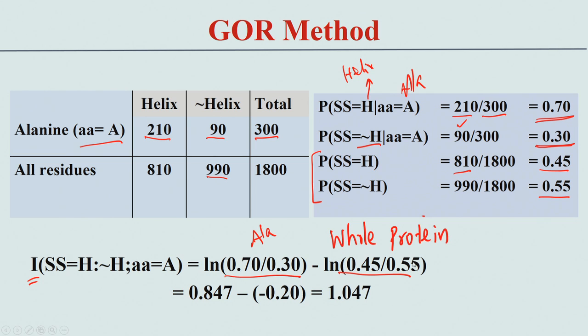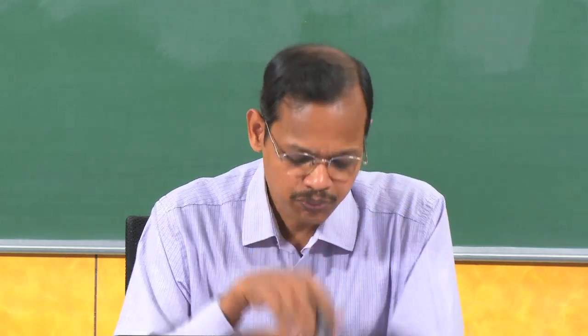Now if you calculate this, this is equal to 0.847, minus this logarithm, which is minus 0.2. So, if you subtract, then finally we get the value of 1.047. From this number we can say whether this alanine prefers to be in helix or not. So, does it prefer to be in helix or not?